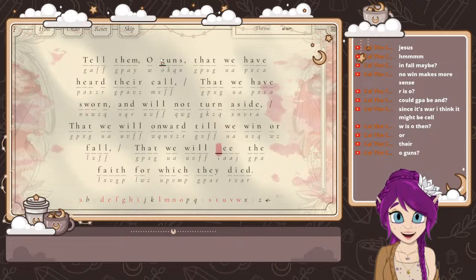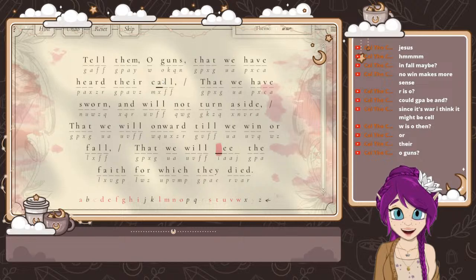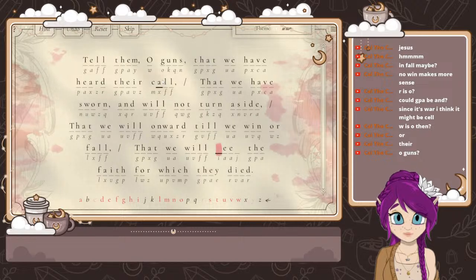Guns? Oh, guns, that we have heard their call. Tell them, O guns, that we have heard their call, that we have sworn and will not turn aside, that we will onward till we win or fall, that we will peak?